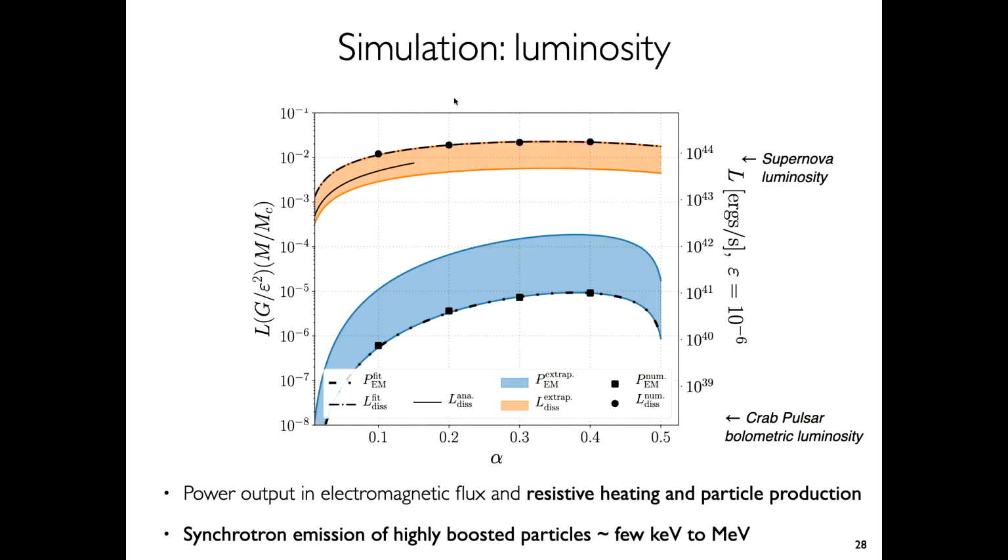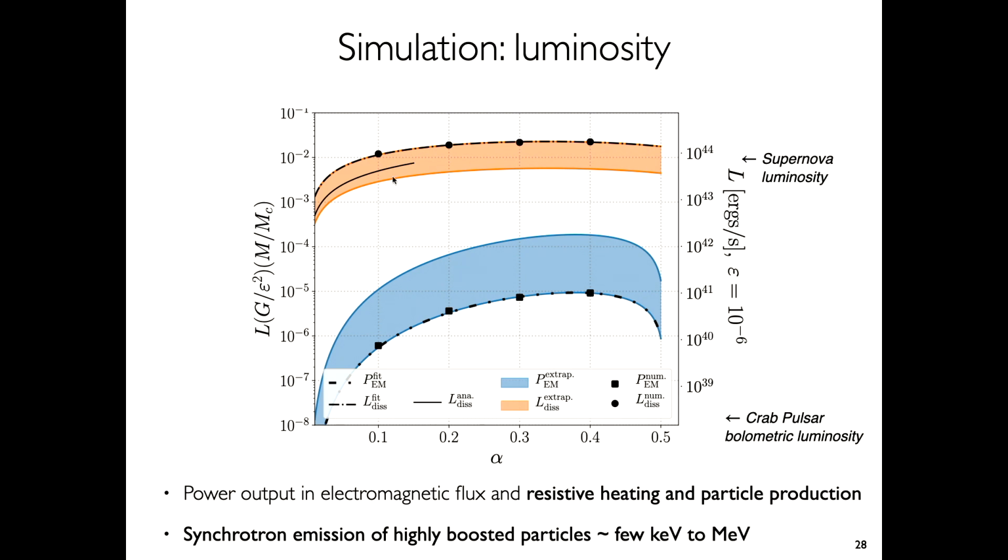And the luminosity of these systems, as I was arguing, can be very large because these fields are very dense and extend very far away from the black hole. So here I'm showing the luminosity as a function of this dimensionless alpha parameter that characterizes the system.